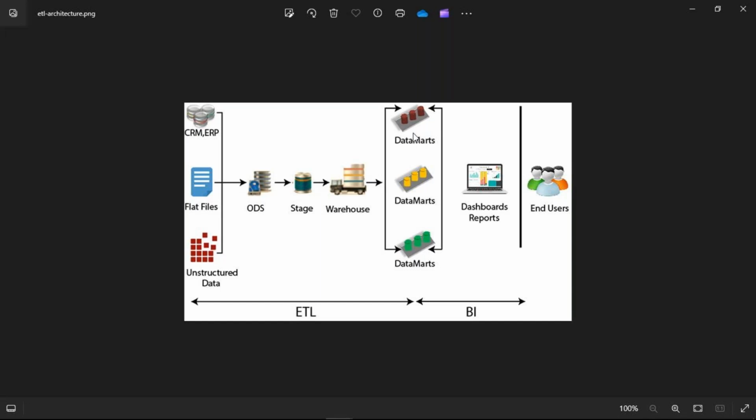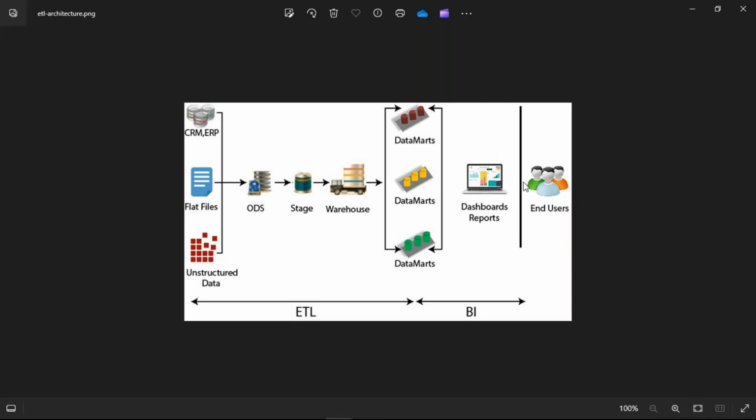Why are these ETL processes required? With the help of such specific, clean information, we will generate insightful reports using reporting tools such as Power BI and Tableau. You might have heard of such tools, right? There are such tools in the market that generate insightful reports, and end users will use such reports. Who are these end users?